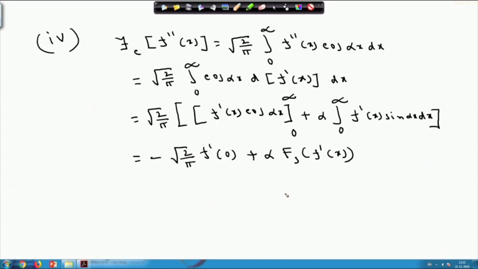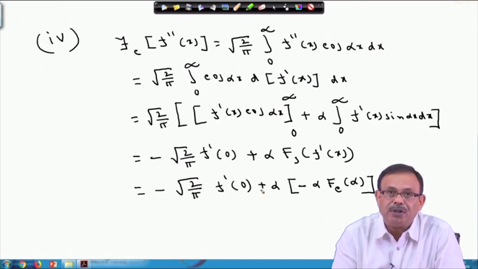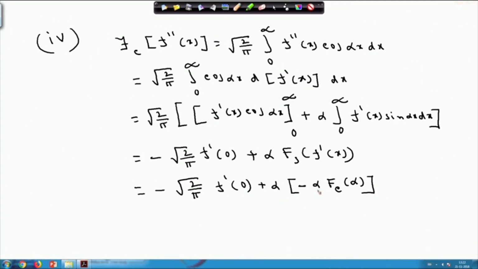So, therefore, this equals minus root over 2 by pi f dash 0 plus alpha into the Fourier sine transform of f dash x. Using the earlier property, I can write down minus alpha into the Fourier cosine transform of alpha. This is the property we have proved just now. So, this equals minus root over 2 by pi f dash 0 plus alpha into minus this value, which equals this thing.